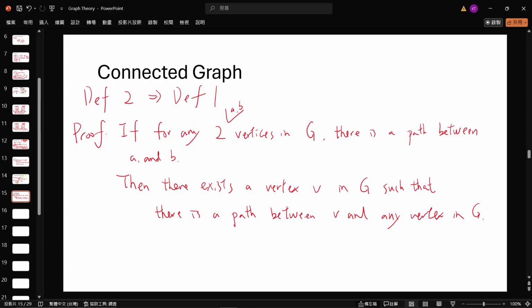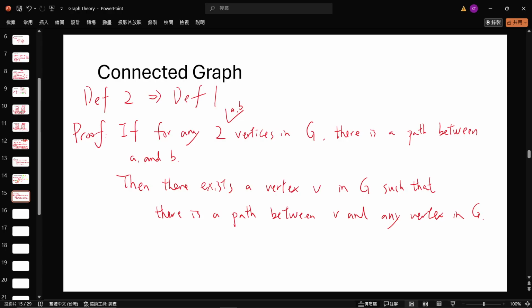The assumption is that we have a graph, and in this graph, for every two vertices, there's a path. 这是你已知的假设，所以这不是你要证明的，这是你手上的 graph 本来就有的性质。So given this graph, you need to show that you can find a vertex v in the same graph such that this vertex v can be connected to every other vertex in the graph.